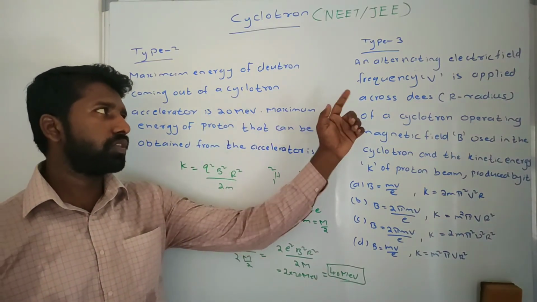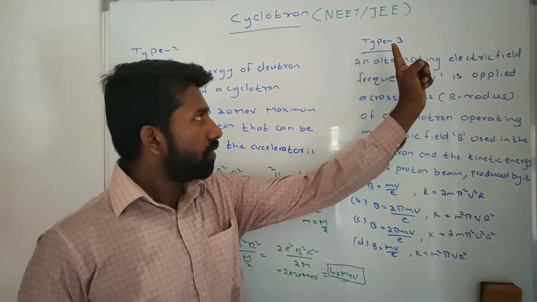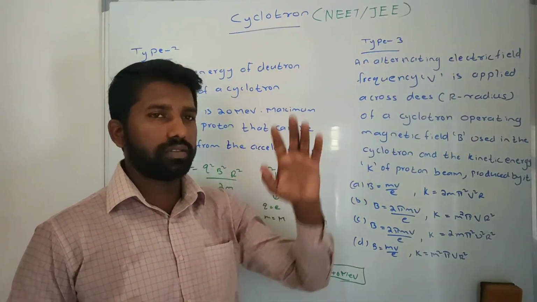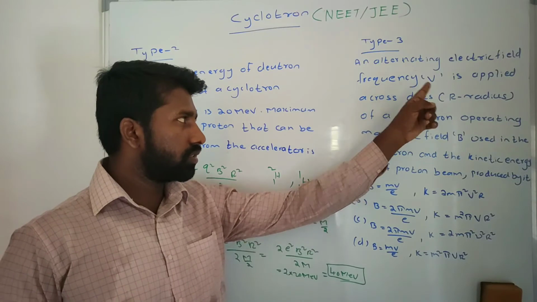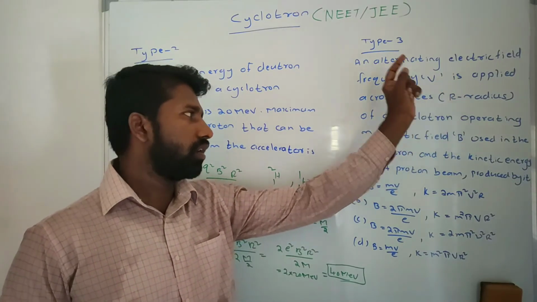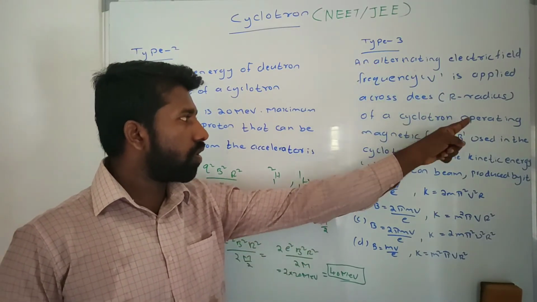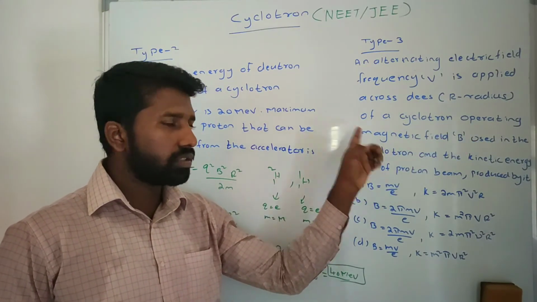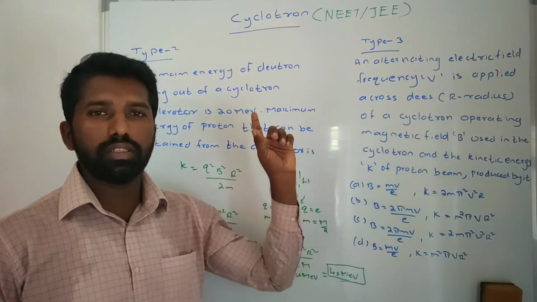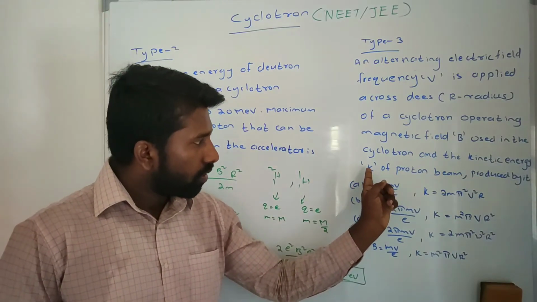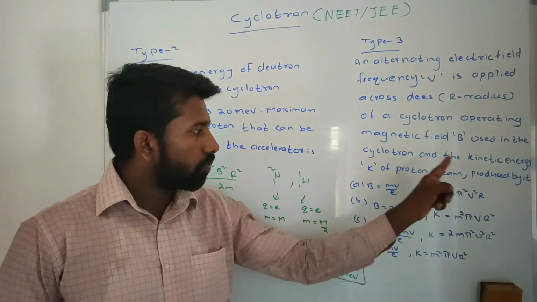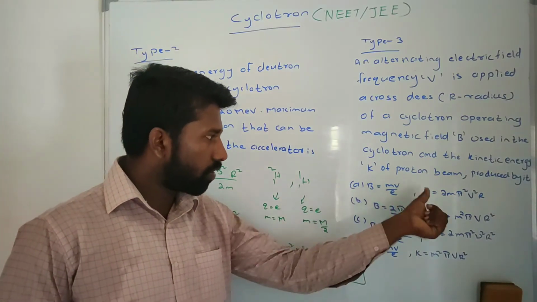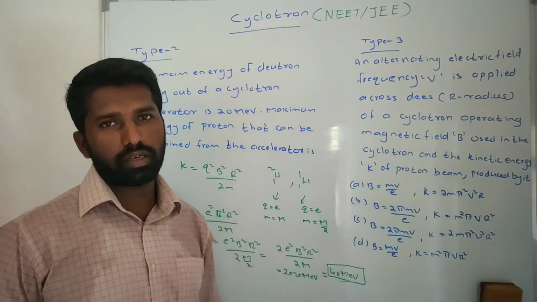Now we will see type 3. An alternating electric field of frequency V is applied across the radius R of a cyclotron operating with magnetic field B, and the kinetic energy K of the proton beam produced is. They have given different options for the magnetic field and the kinetic energy.